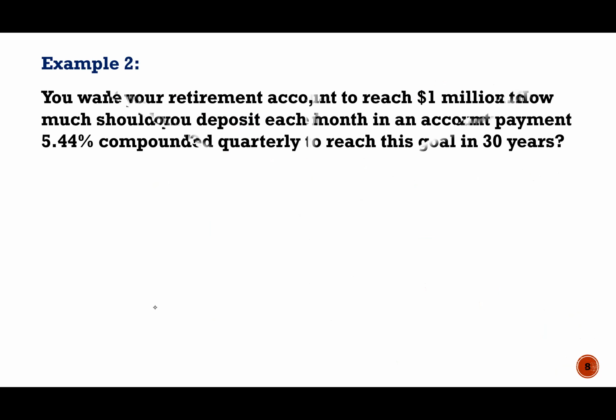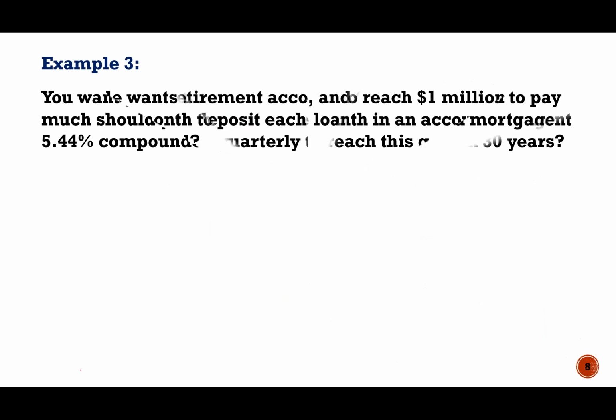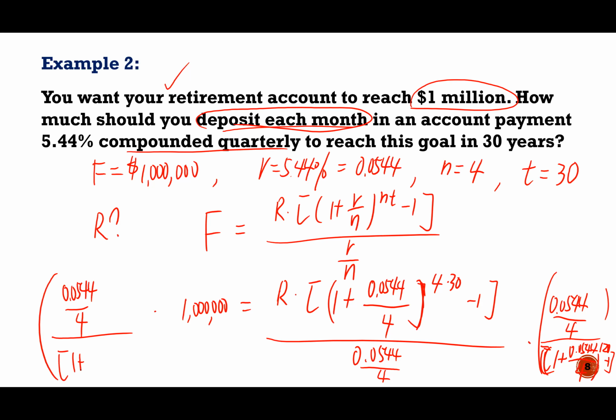So on this side, you multiply by this whole thing, 0.0544 over 4, dividing by the bracket 1 plus 0.0544 over 4 raised to the 120th power minus 1.